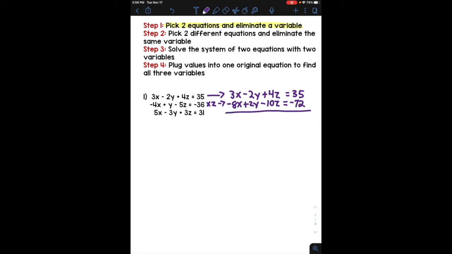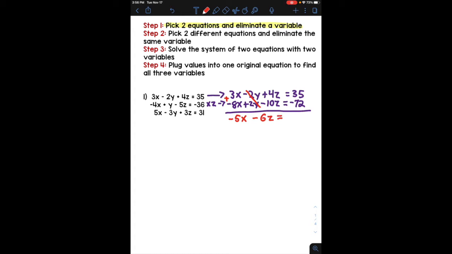From here, I'm going to eliminate the y's by adding these 2 equations. 3x plus negative 8x is going to give us negative 5x. Negative 2y plus 2y is 0. That variable is eliminated, which is what we wanted to happen. And 4z plus negative 10z is negative 6z.